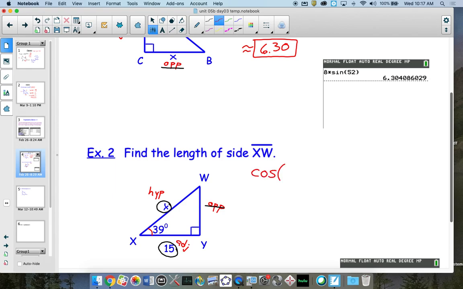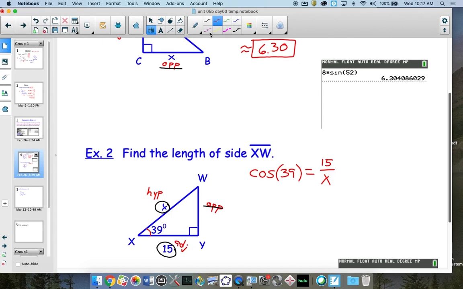So the cosine of 39 degrees is equal to the adjacent, 15, over the hypotenuse, which is x. Now this one is different than the other equations we've solved. This time x is in the denominator. So let me refresh your memory. What if I said 4 equals 15 over x? I'm not saying the cosine of 39 is 4. I'm just throwing in a number. How would you solve that?